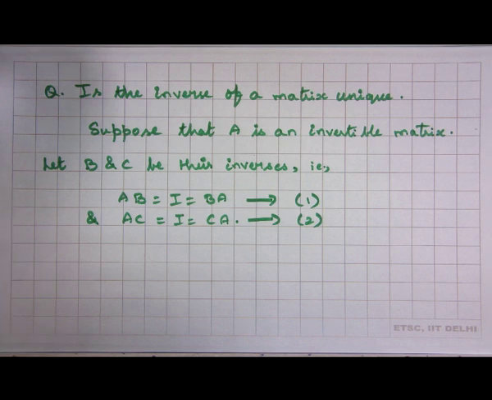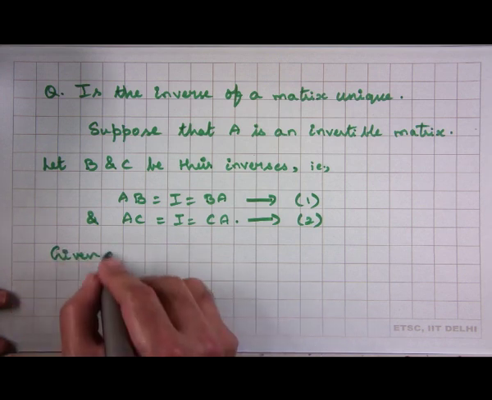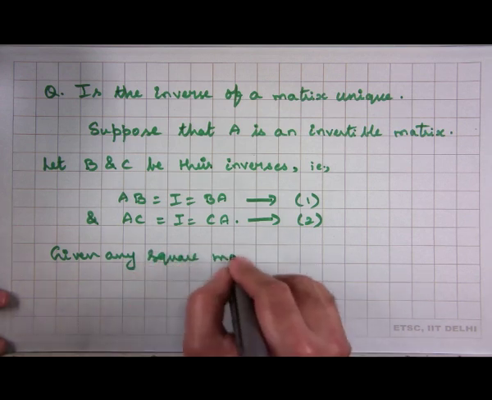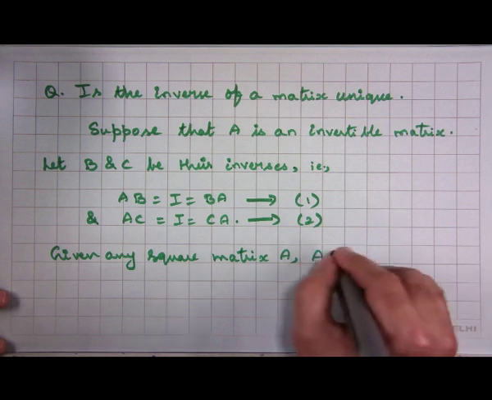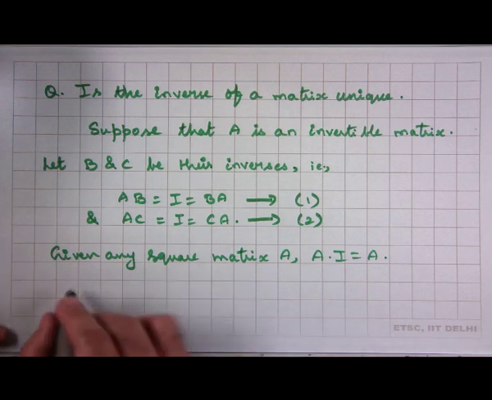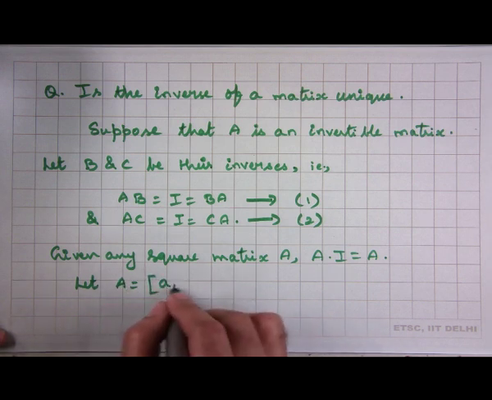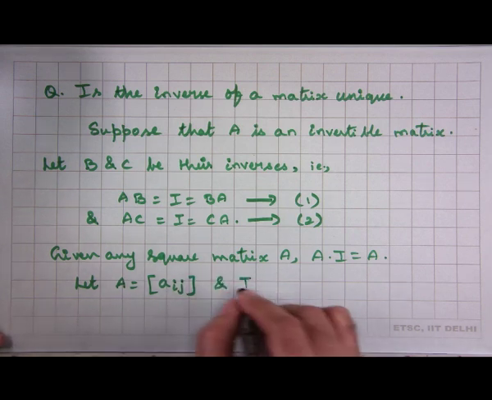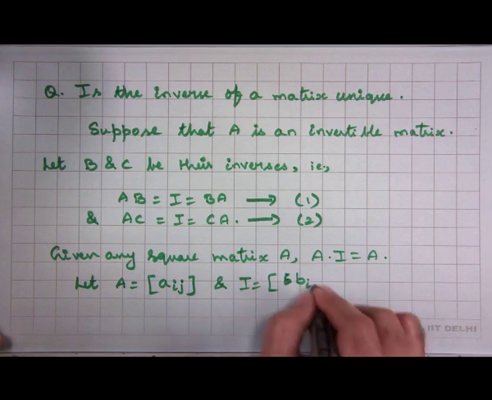Now, let us observe a simple thing. Given any square matrix A, A times I is going to be just A. Why is it so? Let us prove it. Let A equal to Aij and I, let me write it as Bij, and what are these Bij's?